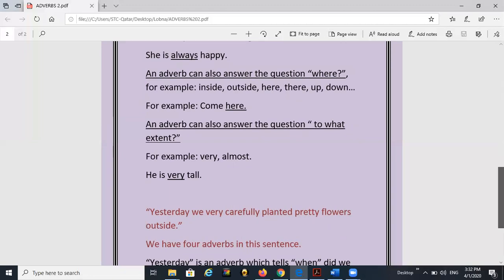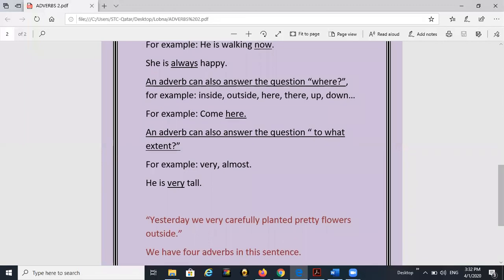Okay. Yesterday, we very carefully planted pretty flowers outside. We have 4 adverbs in this sentence. Come on, let us check. Where are the adverbs in this sentence?